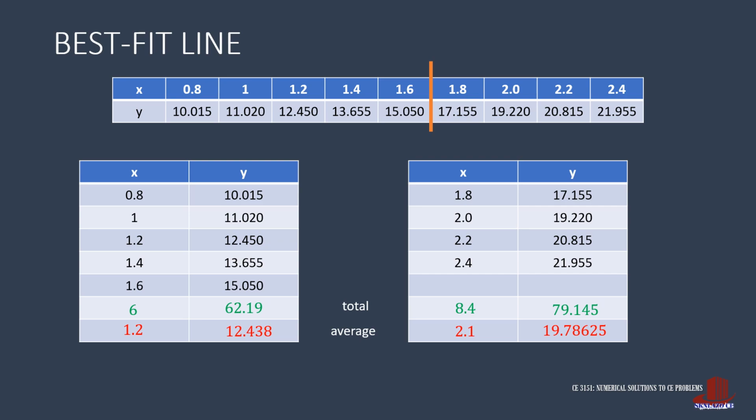Having known the averages, we can generate the two equations required for the function. The first is 12.438 equal to 1.2a plus b. The second equation is 19.78625 equal to 2.1a plus b.